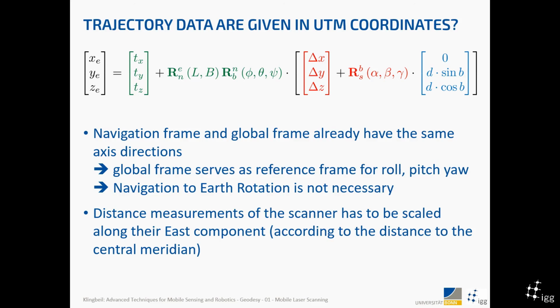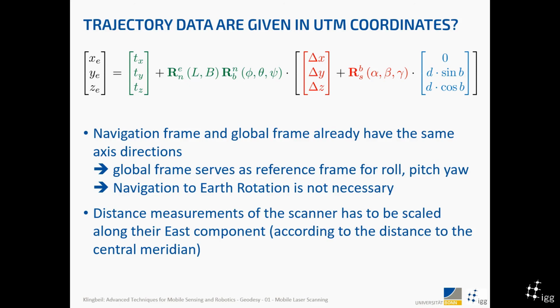So trajectory information from our trajectory measurement system based on GPS, IMU, or whatever, is given in ECEF coordinates. So what if those coordinates x, y, z are already given in UTM coordinates? What happens then? Because then we can simplify things a little bit and at the same time make it a bit more complicated, as you will see in a moment.